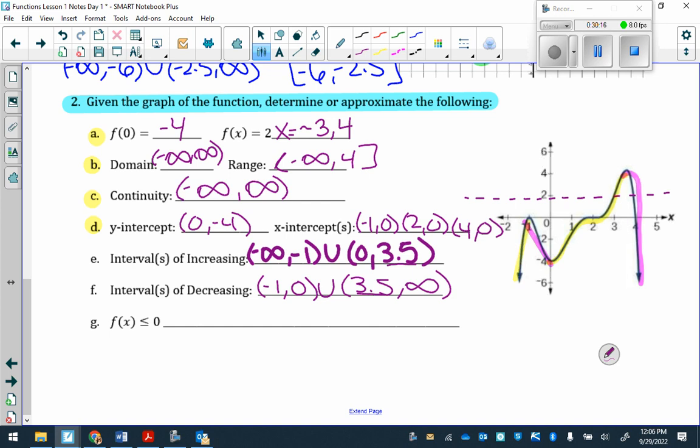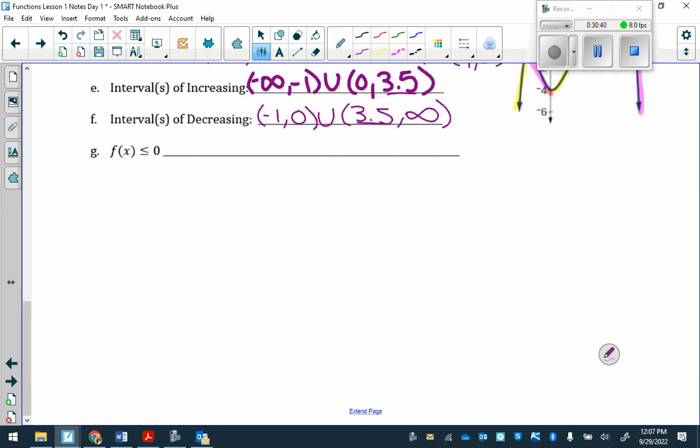So then the next notation, f of x is less than or equal to 0. So that means where the graph is what? What are we looking for? The y values are what? 0 or what? Negative, right? So, again, we're looking at intervals.